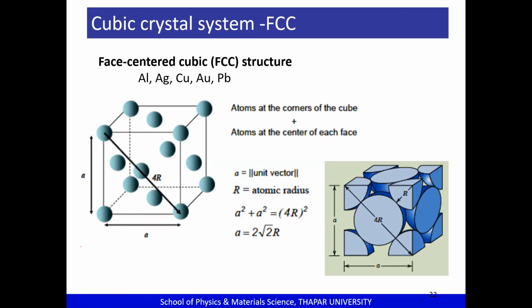You have to remember this. For the face-centered unit cell, the correlation between the radius and the lattice parameter is a equal to 2 root 2 r. We will frequently require this in solving numerical problems.